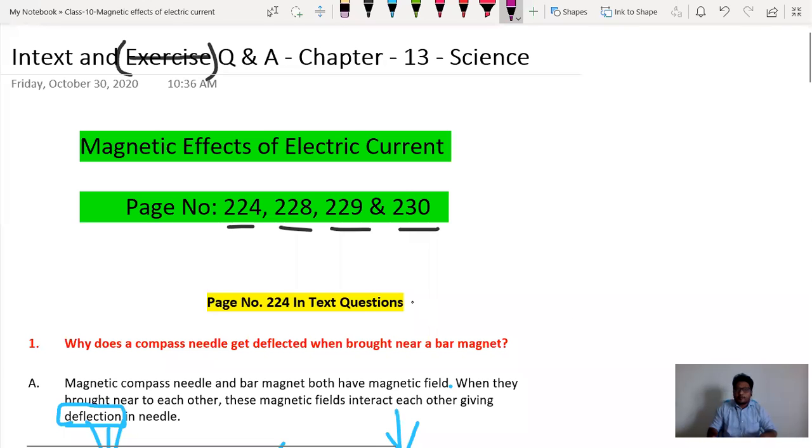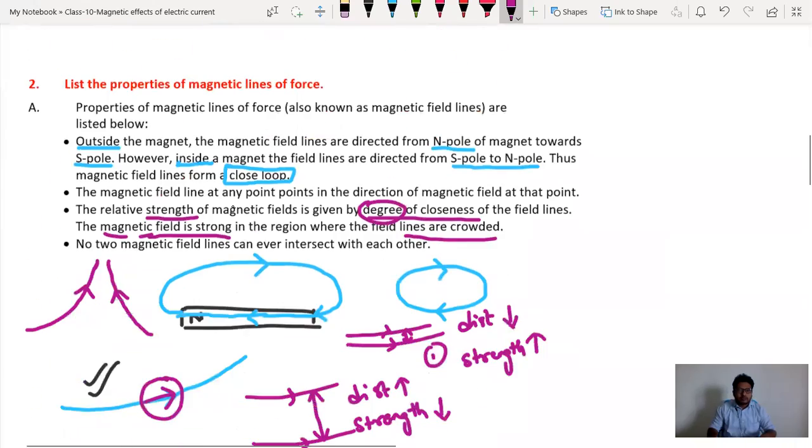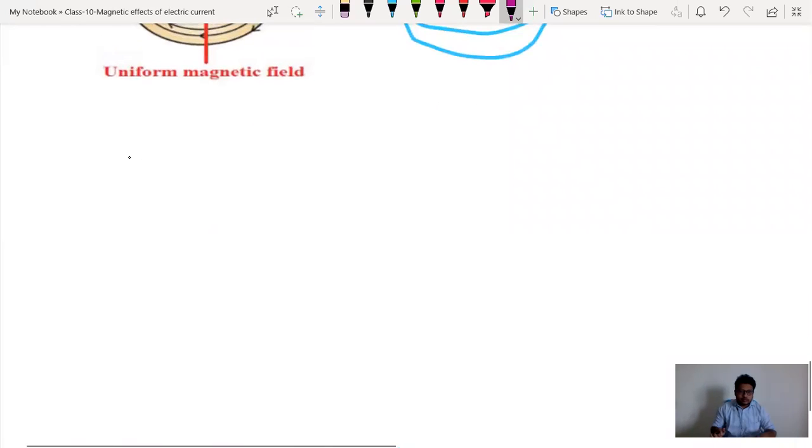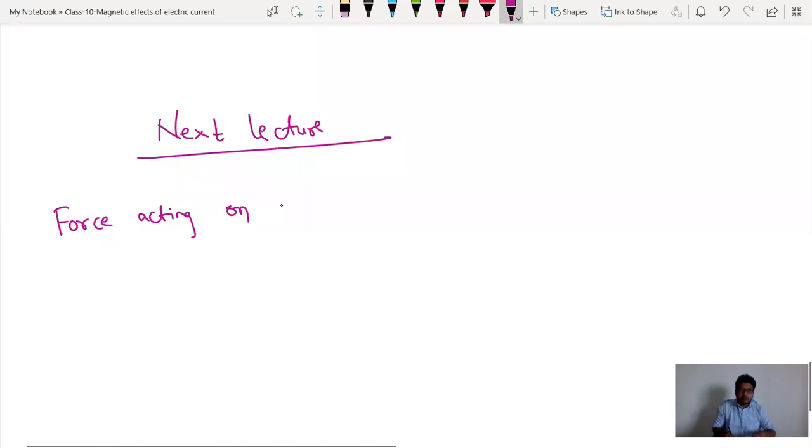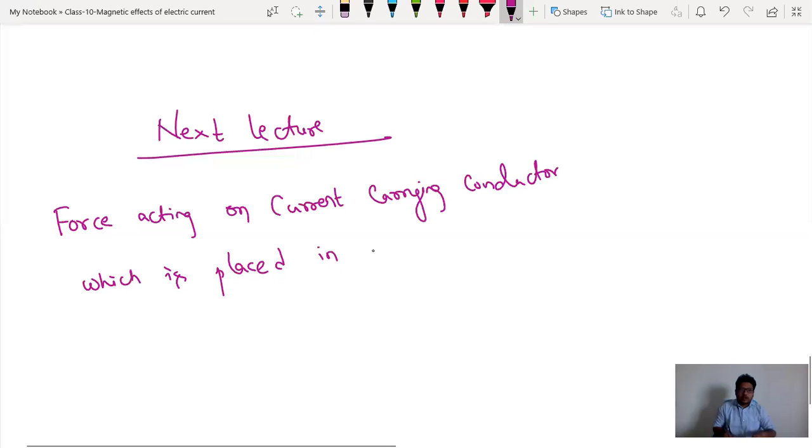and in our next lecture we are going to learn about the force acting on a current carrying conductor which is placed in a magnetic field.